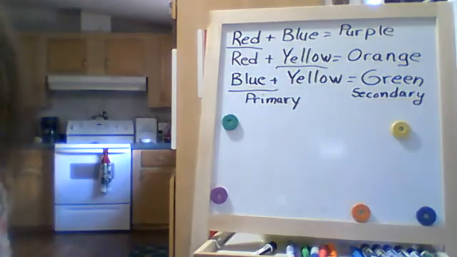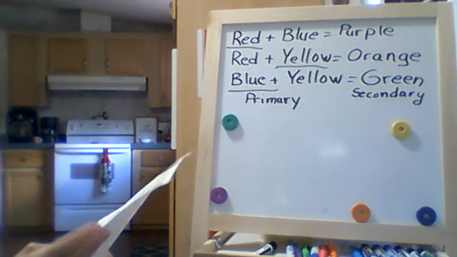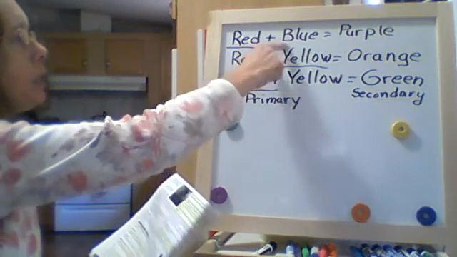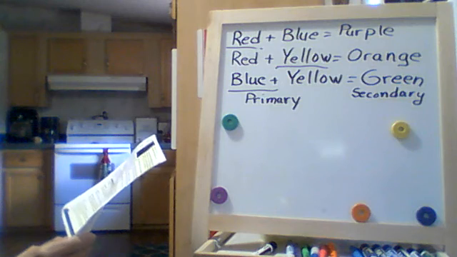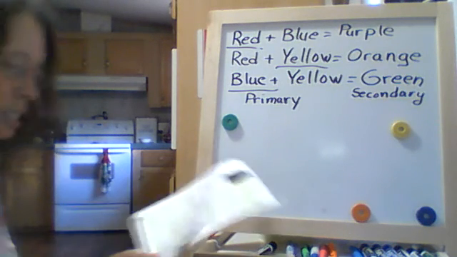What else does it say? Which two colors does purple lie between? Well, we already know that. Lies between red and blue. Use your color wheel to set up other experiments or to explain color chemistry to your adult assistant.